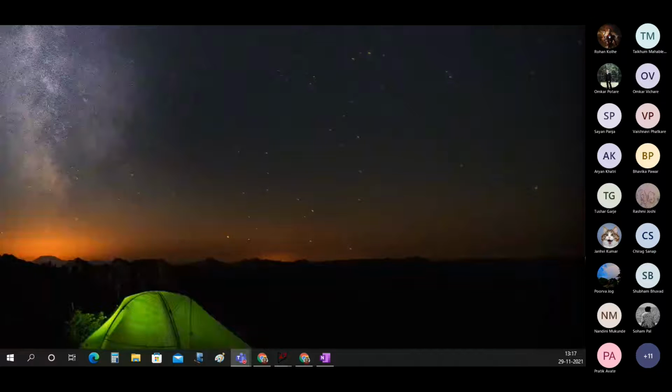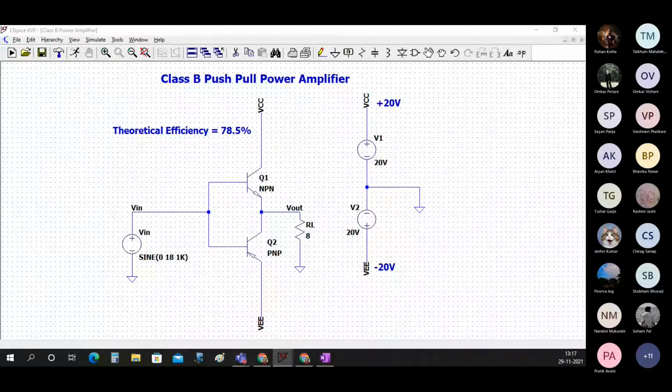You have drawn it. Can you check it? Rohan, the other terminal of RL is not connected to ground. Okay. Yes, sir, I corrected that and then I posted it again. Yes. Others also will build this circuit and put it in the chat box.